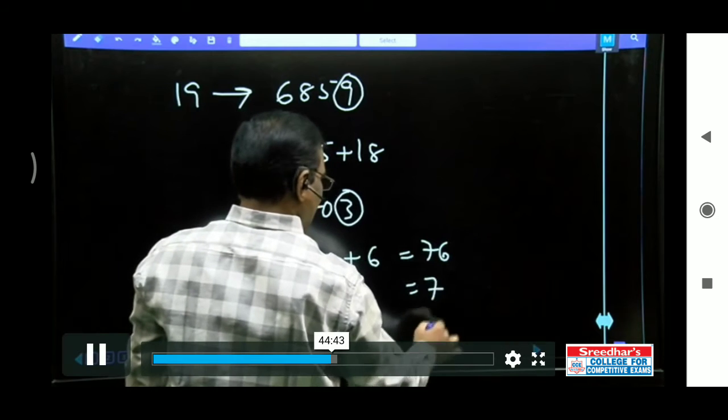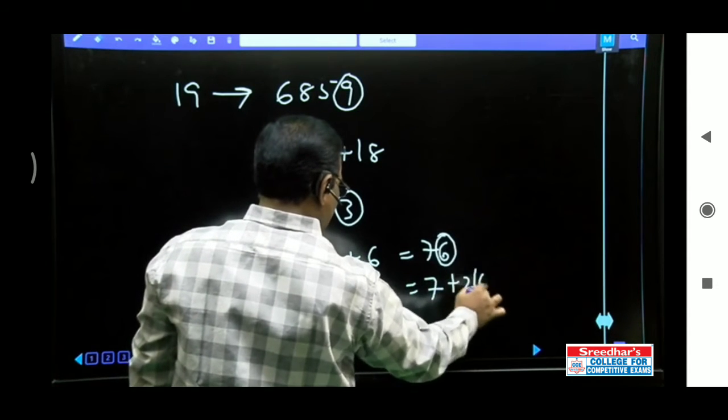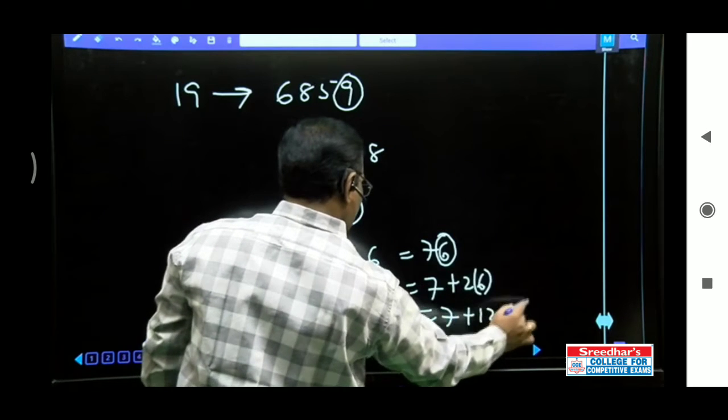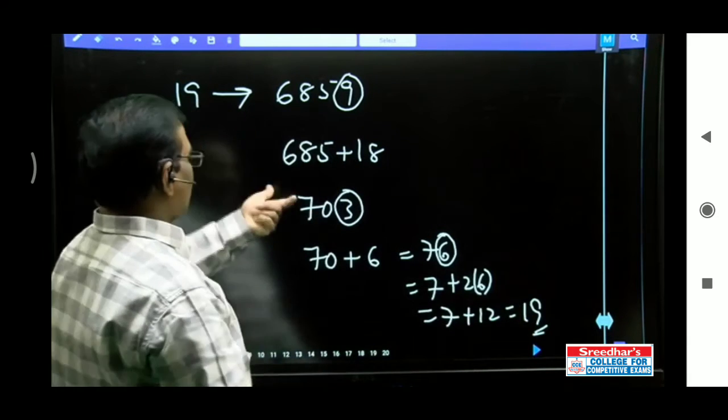Otherwise, 7 plus the units digit separated and doubled, 2 6s are 12, therefore 7 plus 12 is 19. Therefore at last, if you get 19 then it is divisible by 19, otherwise it is not divisible by 19. This is the divisibility condition for 19.